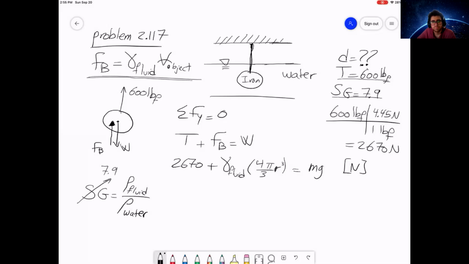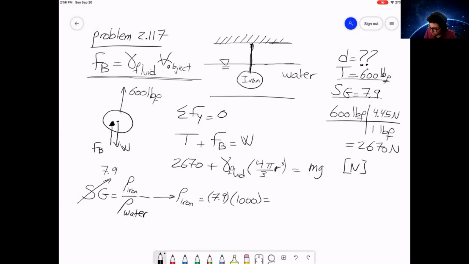So this is the density of the iron ball. How would you find the density of the iron ball? You just multiply 7.9 times the density of the water. And what's the density of the water? 1,000? Yeah, 1,000 is good. It works.